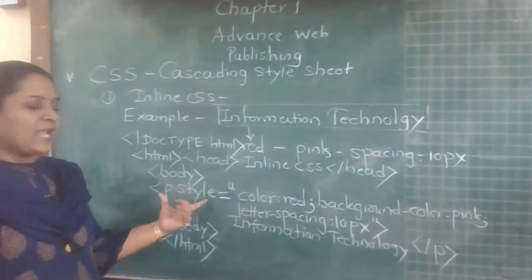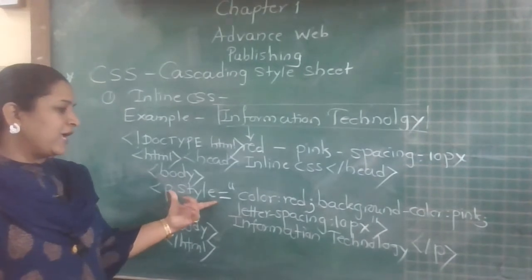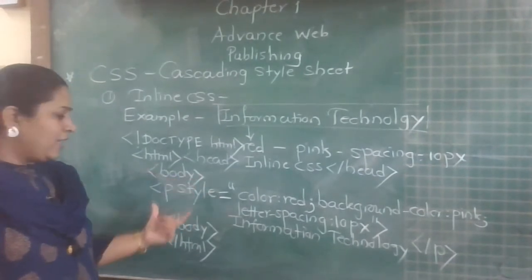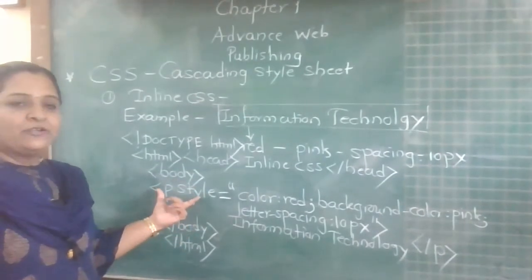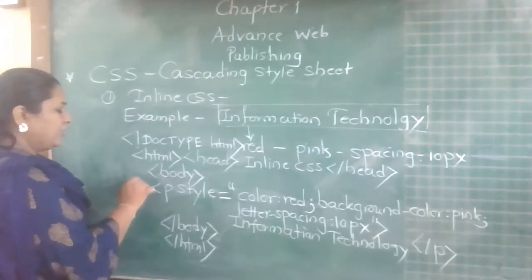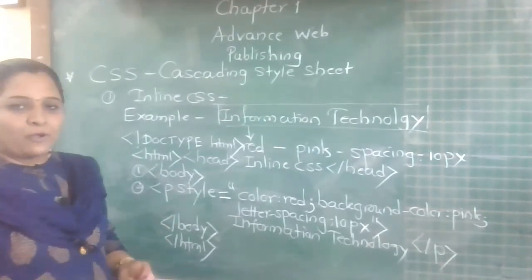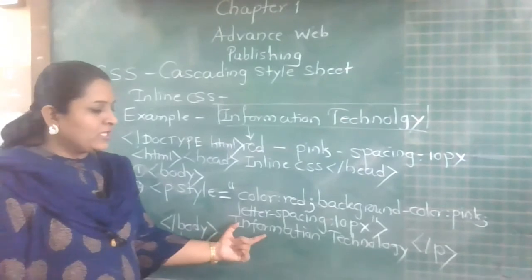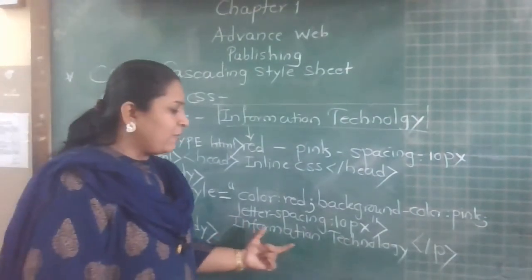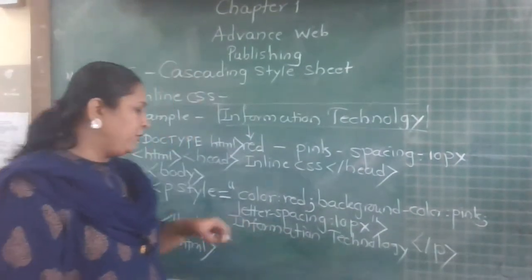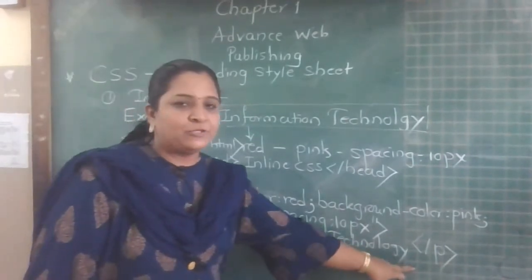Okay, this is a simple example to write inline CSS. The rules applied are: first, it is used within body and /body, and second, the p style tag is used to apply the properties. The text information technology is written between the p style and /p.